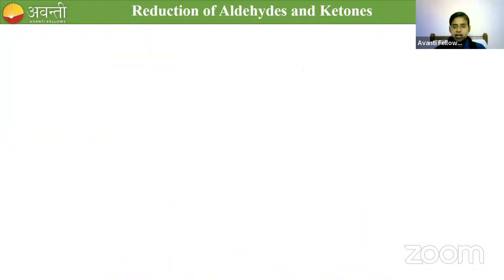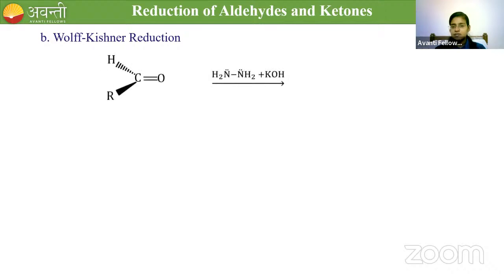Now the second reaction is called Wolff-Kishner reduction. Wolff-Kishner reduction will also give you hydrocarbons, but the reagent will be different. The reagents are NH2NH2 with KOH. They will also produce the same compound, alkane.